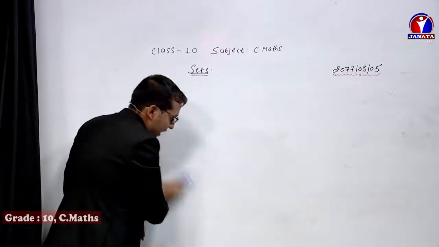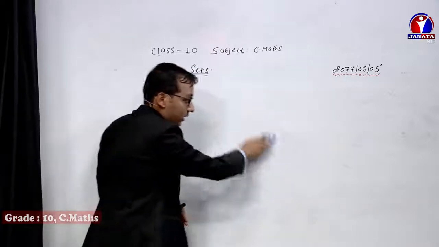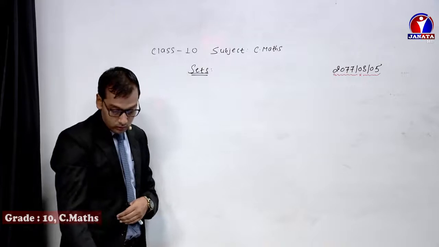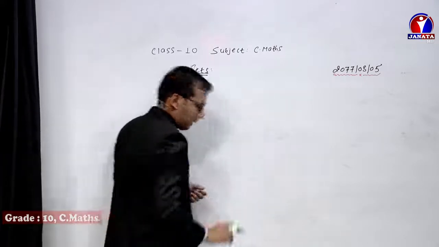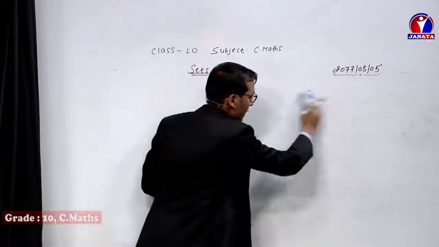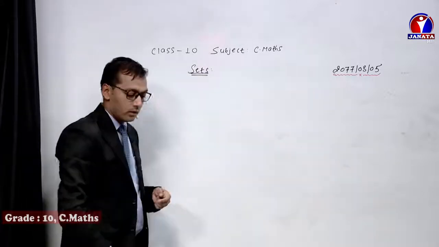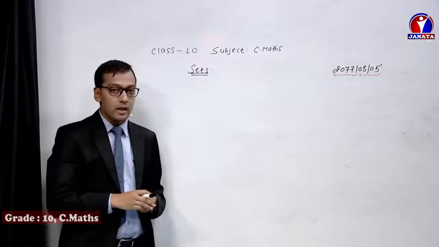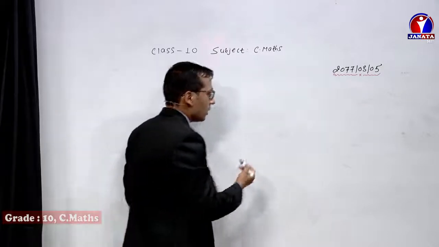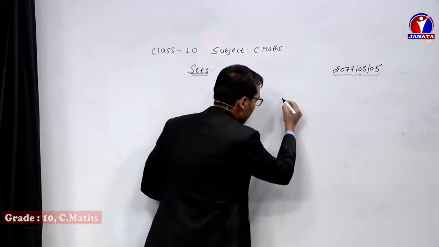At the same time, simultaneously, you can see the slide on the screen. So I'm going to write down some formulas with the help of Venn diagram. So let's draw the Venn diagram together with me.